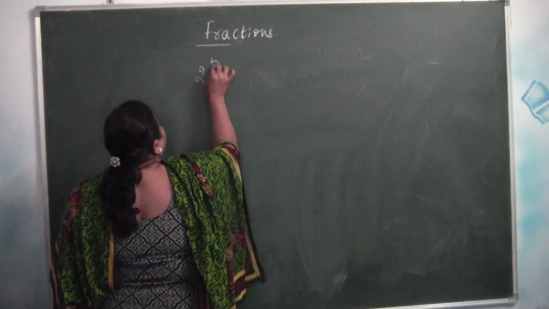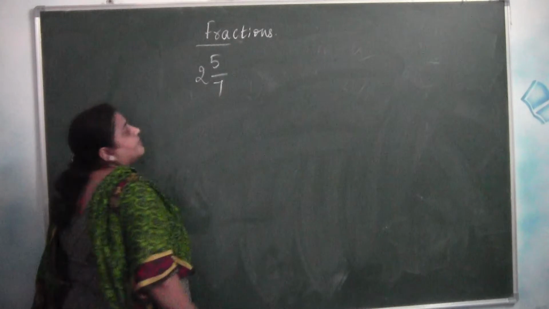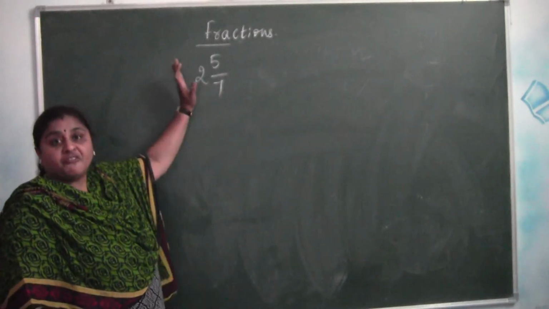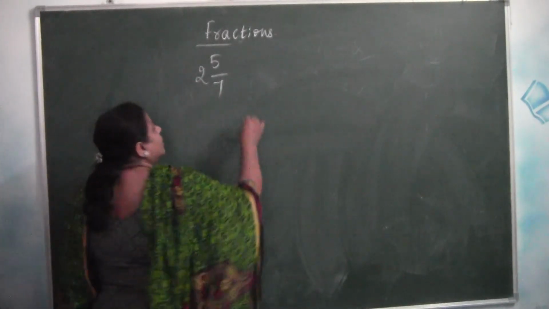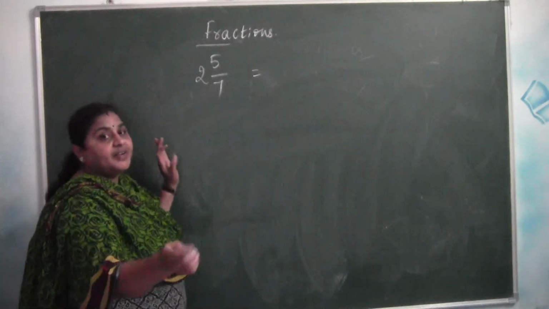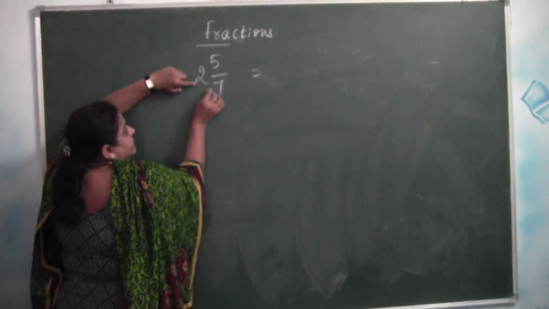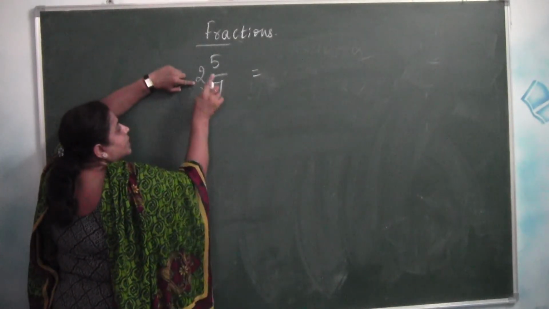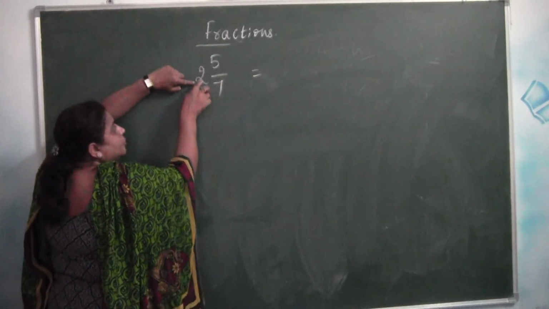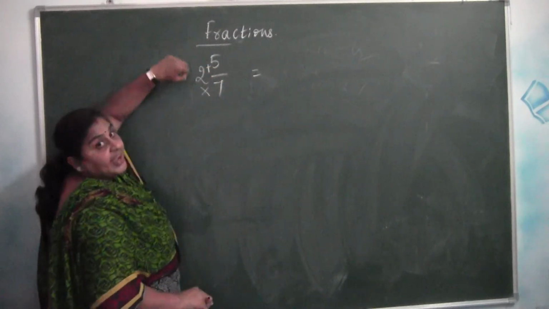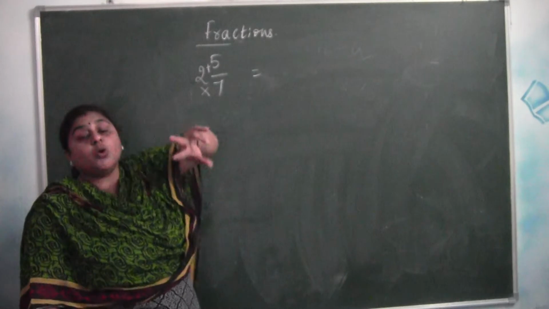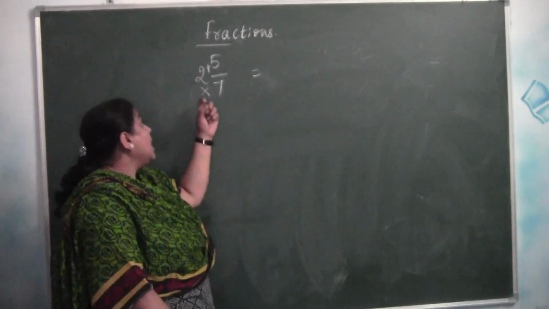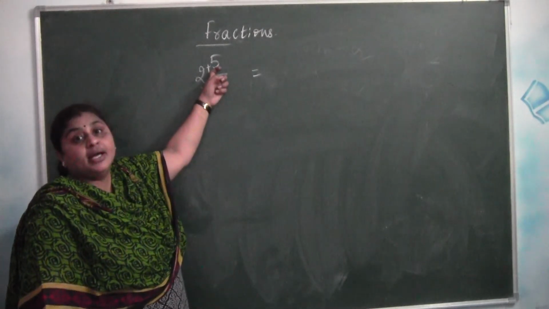Suppose if I have 2 5 by 7. Now how to convert? What are we doing? We are multiplying 7 into 2, 7 into 2 plus 5. So here we are doing two operations together, multiplication and addition.